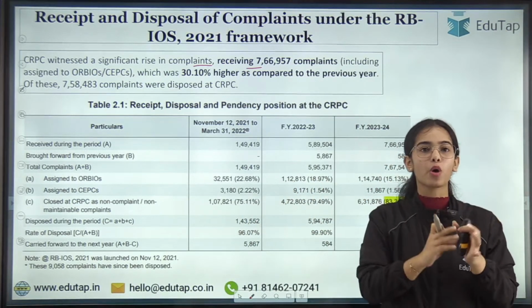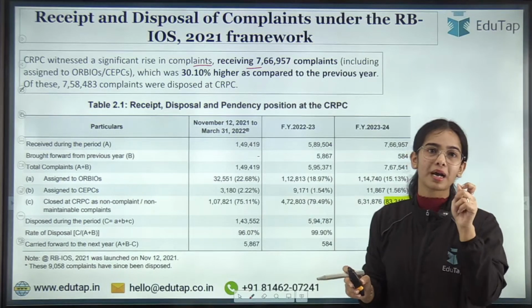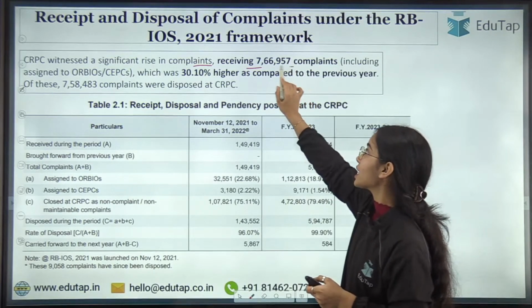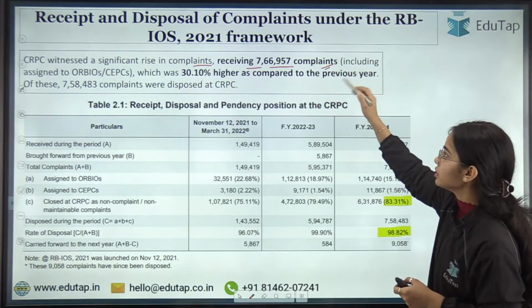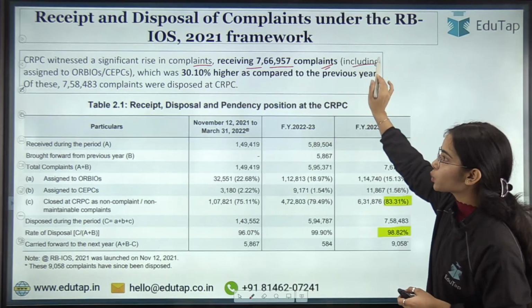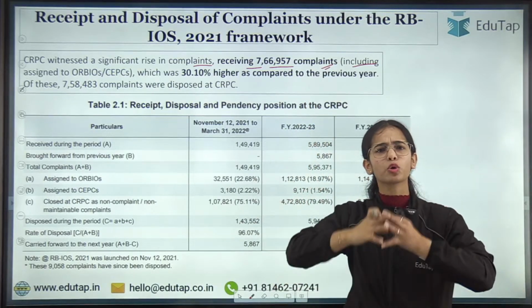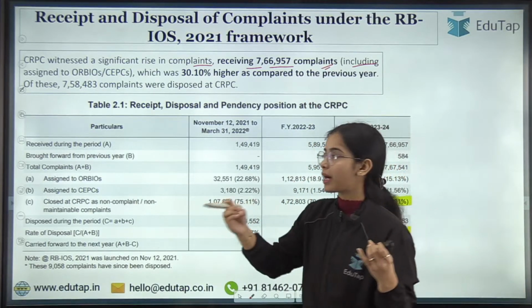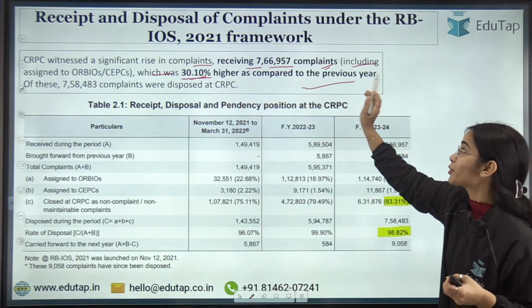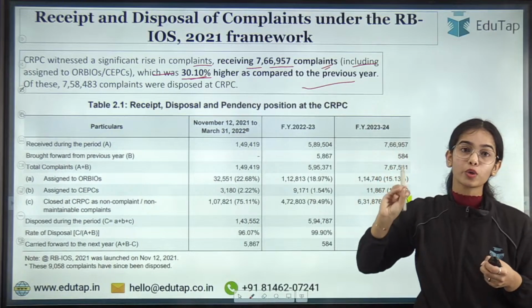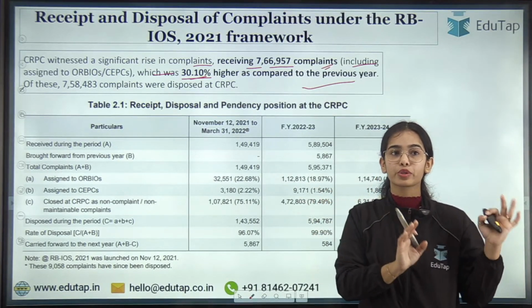First we are talking about the total complaints received by the CRPC, which was 7,66,957 complaints in the financial year, including assigned. This was 30% higher as compared to the previous year. It was 30.10% higher.